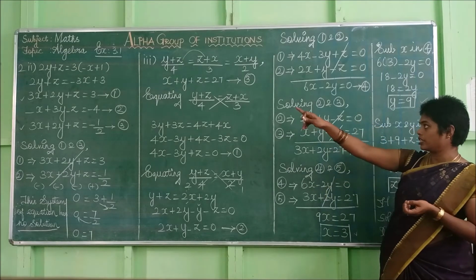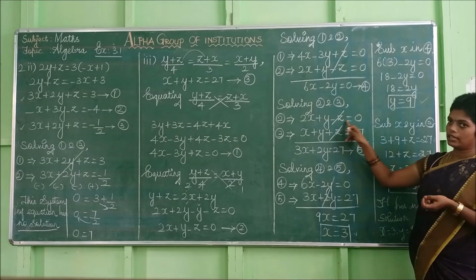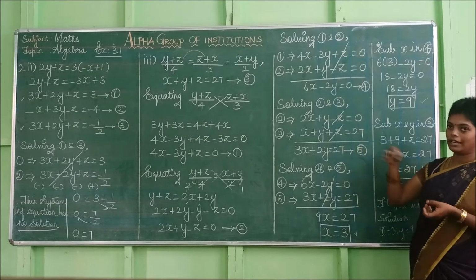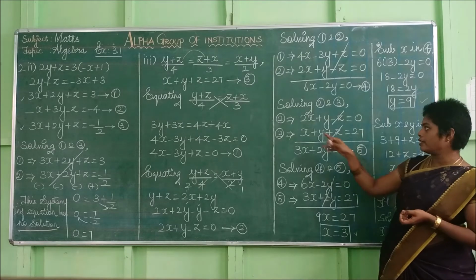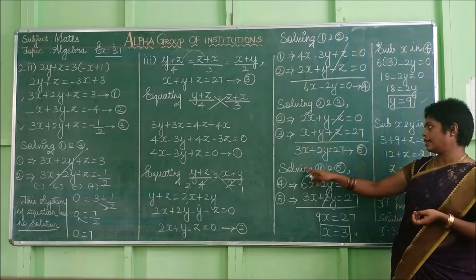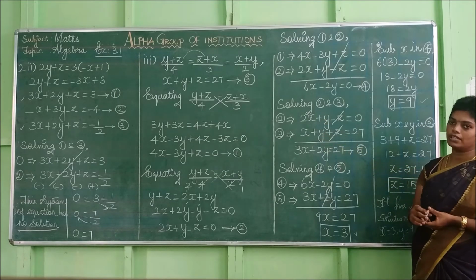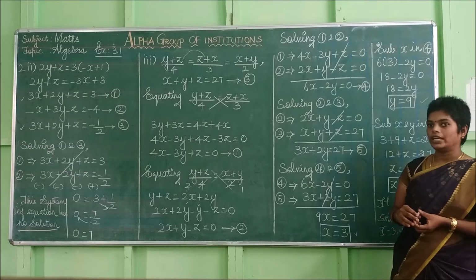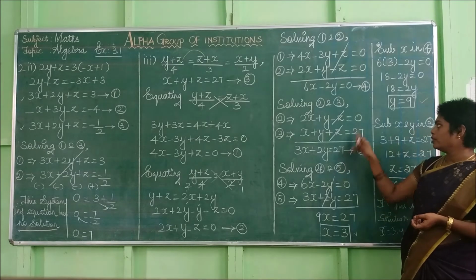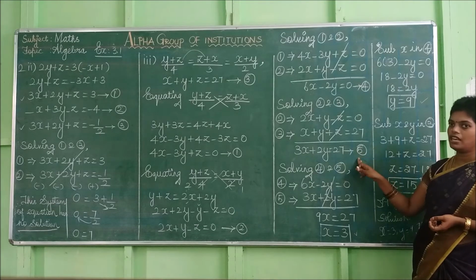What is our third equation? x plus y plus z which is equal to 27. This is negative z and here positive z. Both get cancelled. So what are the other values? 2x plus x is 3x, plus here also positive y, here also positive y. So positive means you can add. y plus y is 2y, which is equal to 0 plus 27 is 27. Now take this as the fifth equation.